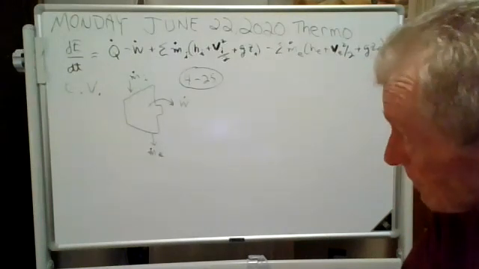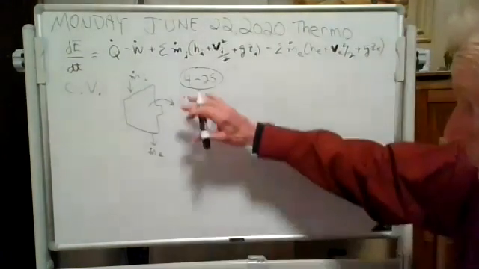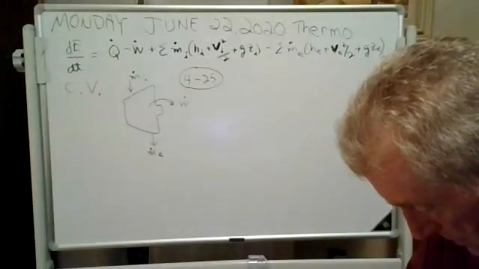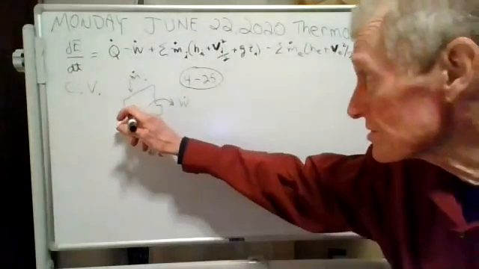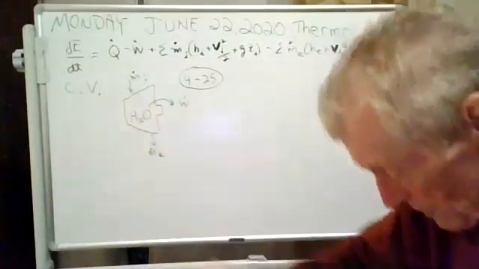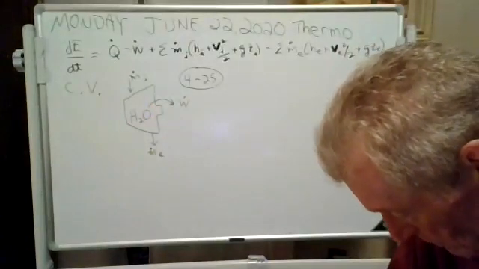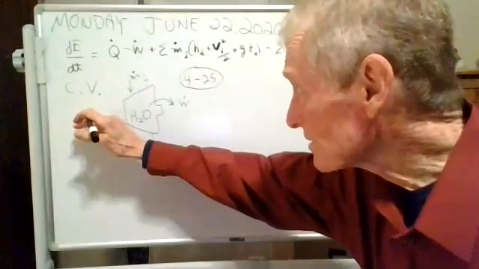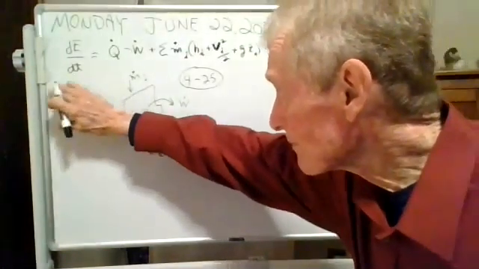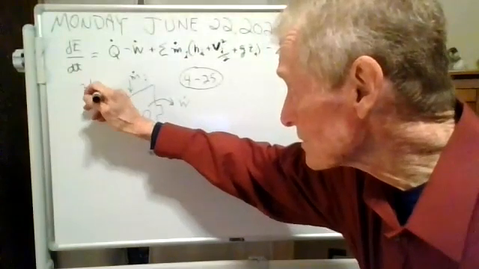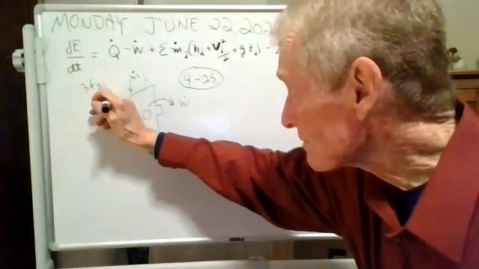Okay, now here we're going to do this. This is 4.25, and if you read it, they said a steam turbine. Well, if it's a steam turbine, we're dealing with H2O, and it has an inlet of 3 kilograms per second. They said coming in, you've got 3 kilograms per second.